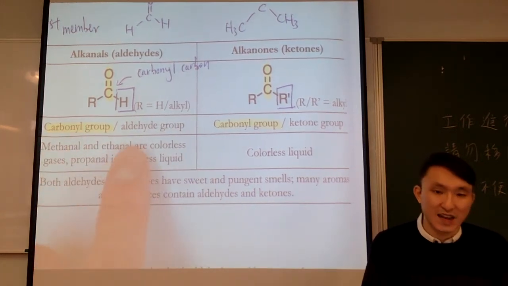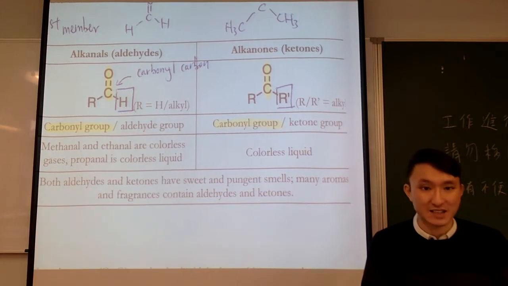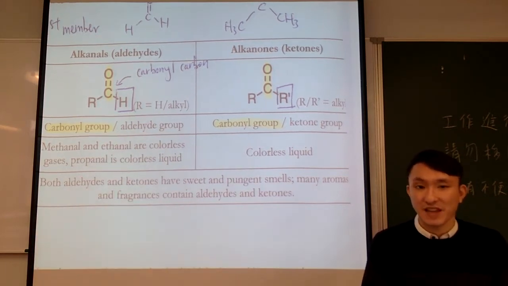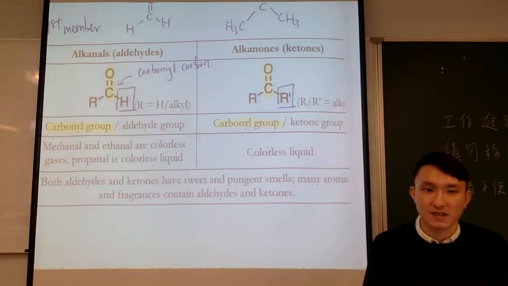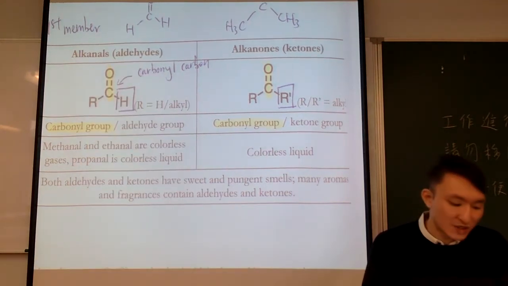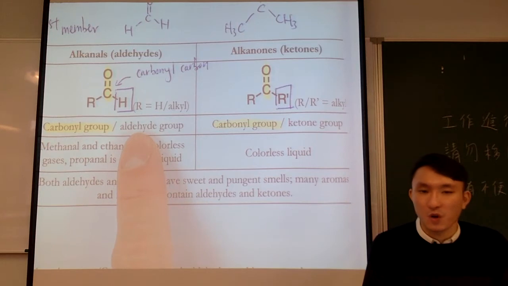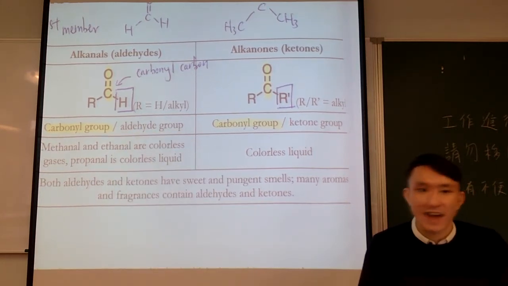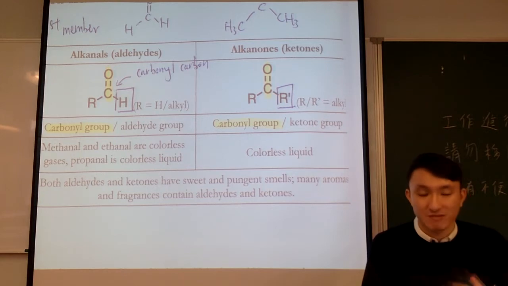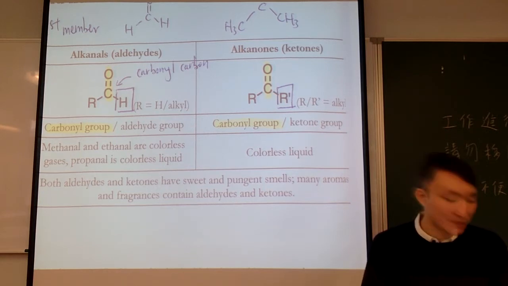You cannot simply say aldehyde, because aldehyde is also the name of the homologous series. So if you want to use the word aldehyde to represent the functional group, make sure you add the word group at the end. That would be much more clear.